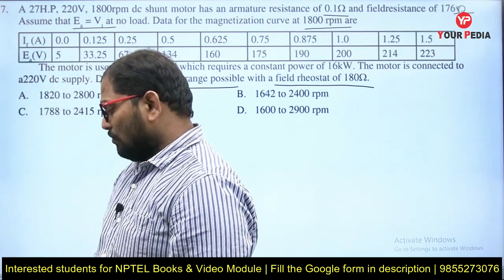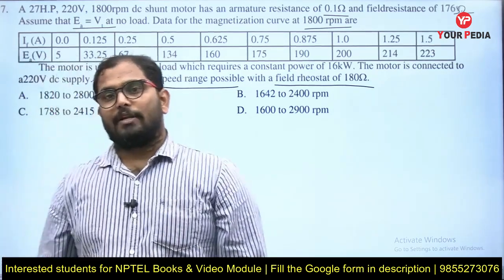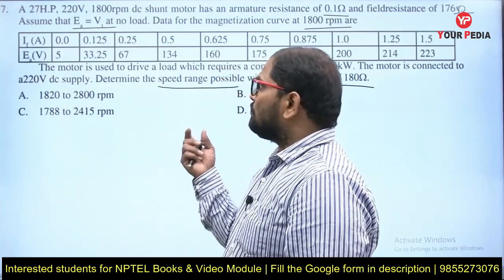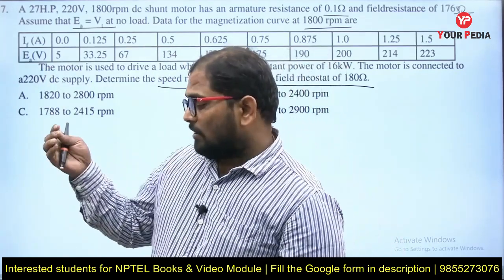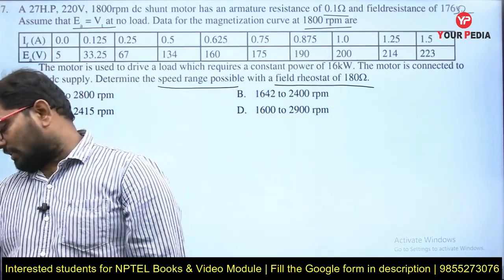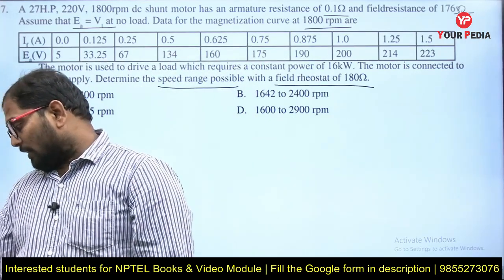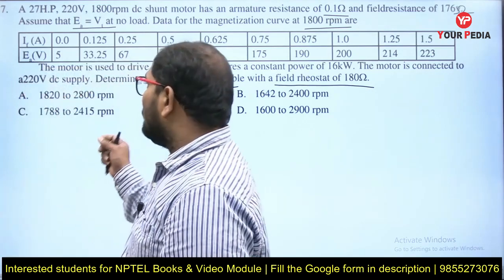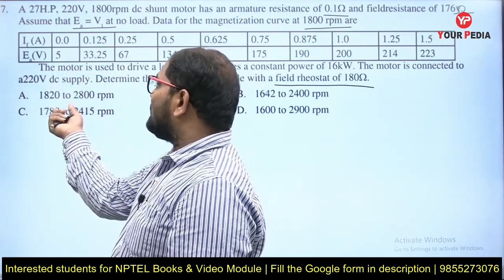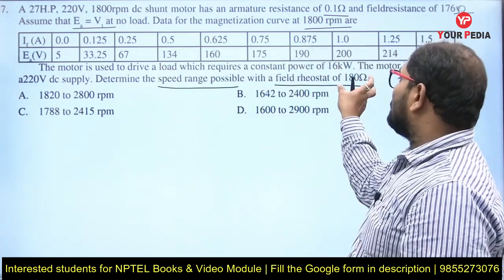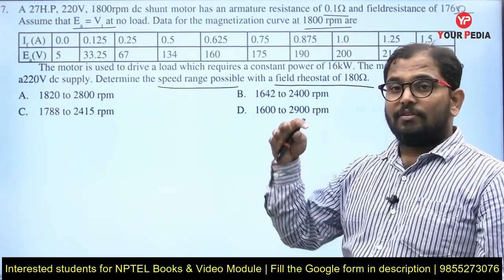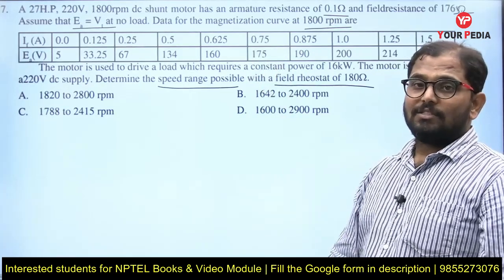If you take the no load speed in the speed versus torque variation, it will be little lesser than 1800, and because of the presence of a field rheostat, the speed will be more than the rated speed.